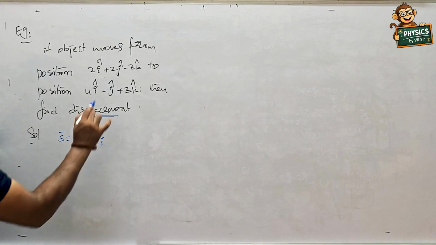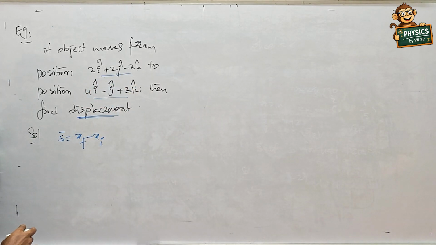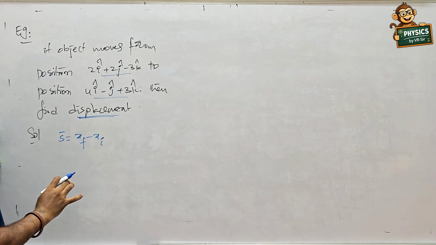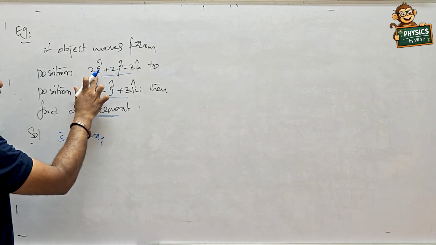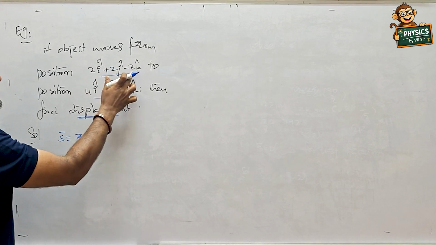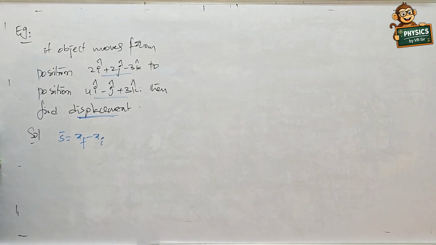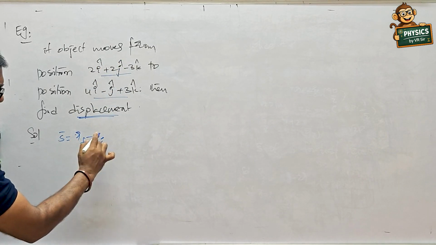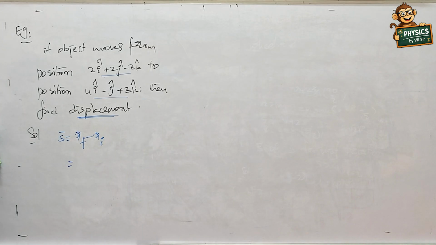It has 3 dimensions. Along the x direction it has 2 units, the y direction 2 units, and the negative z direction 3 units. Now how can I represent this? r_f minus r_i, final position minus initial position.